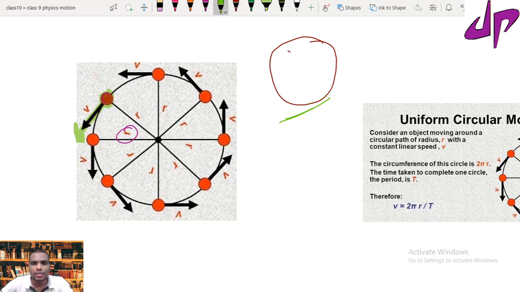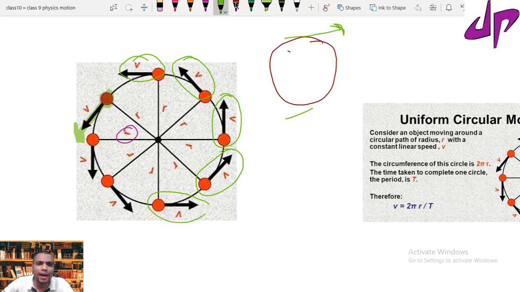If it is touching the circle at a single point, this represents the direction of the tangent. Now in this diagram, the arrow marks are all tangent to the circle. Here you can see all are representing different directions.